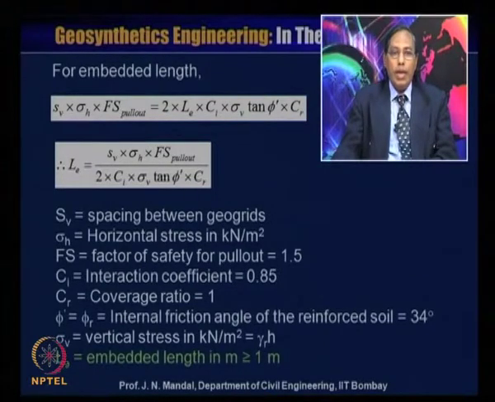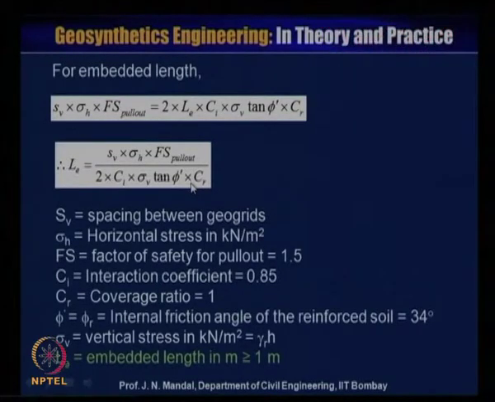Gamma r at any depth h is known, so you can calculate sigma v. Tan phi dash, where phi r is the internal friction angle of the reinforced soil, is 34 degree, and Cr is the coverage ratio, which is 1.